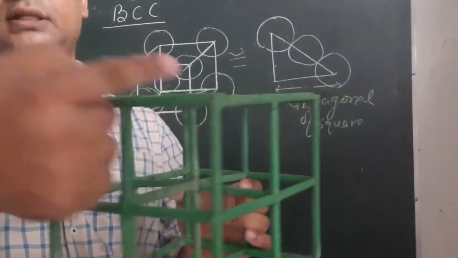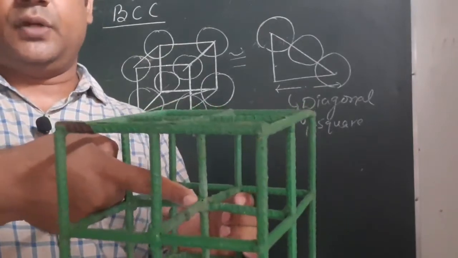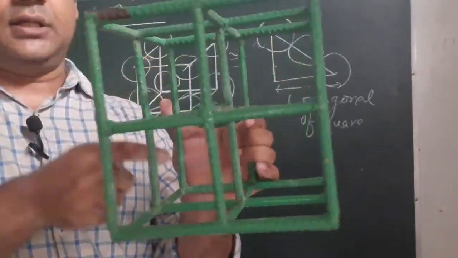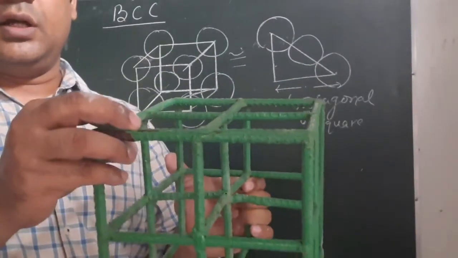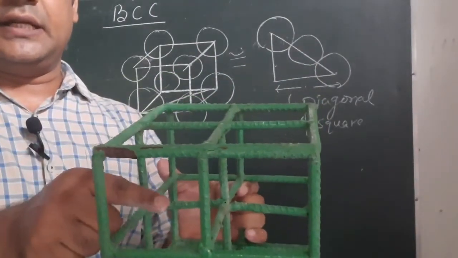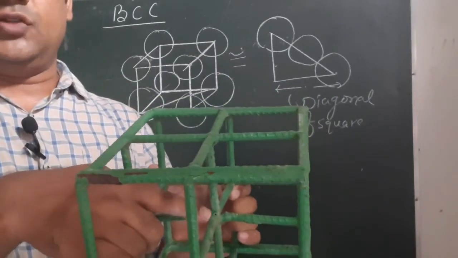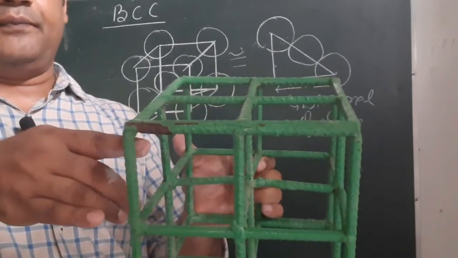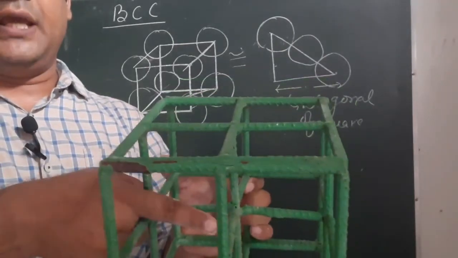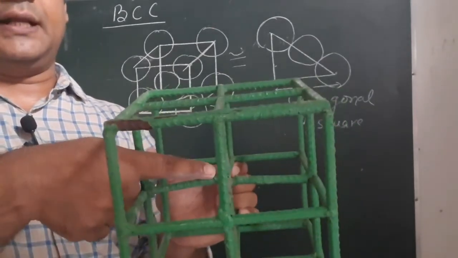You can see this diagonal from this point to this point touching this corner. You can understand in this cubic unit cell also, this point, then here in the center, the body center is there, then this one. So this line joining from here to here will be the diagonal, and to find from this point to this point, we have to take this right angle triangle.